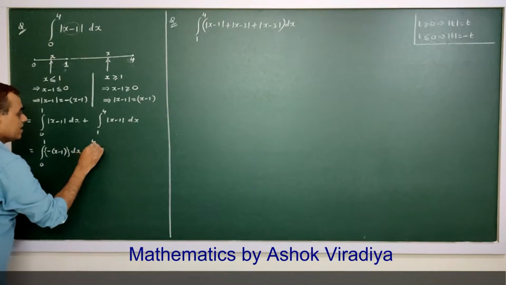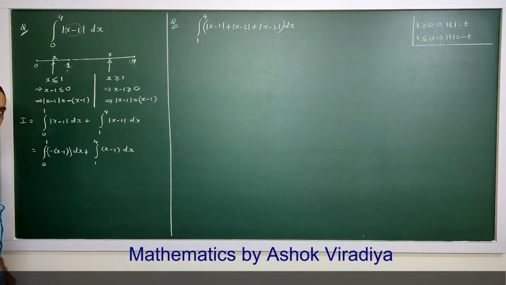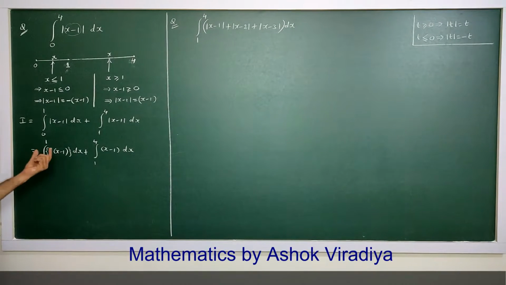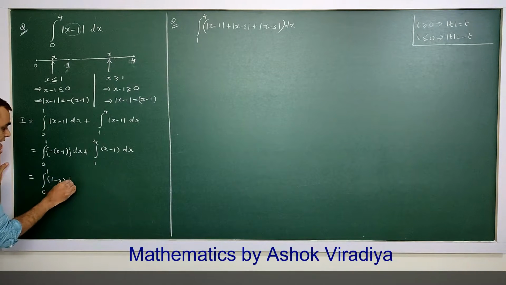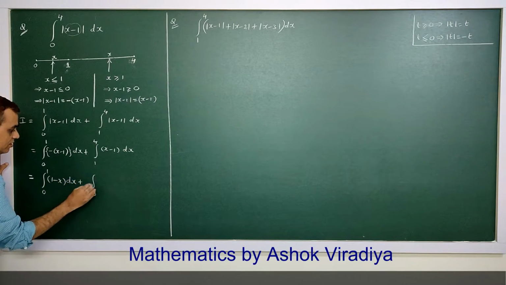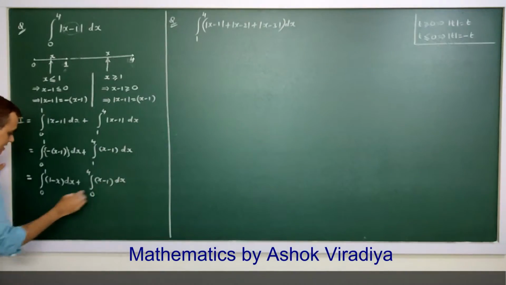So here it is x minus 1. This is 1 minus x. So it is the integral 0 to 1 of 1 minus x dx plus the integral 1 to 4 of x minus 1 dx.